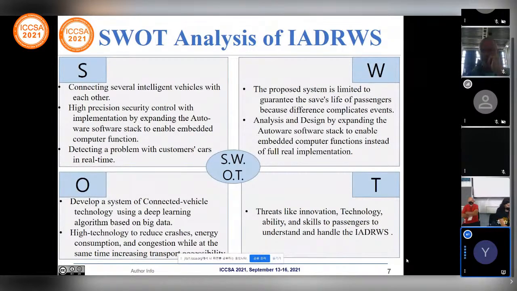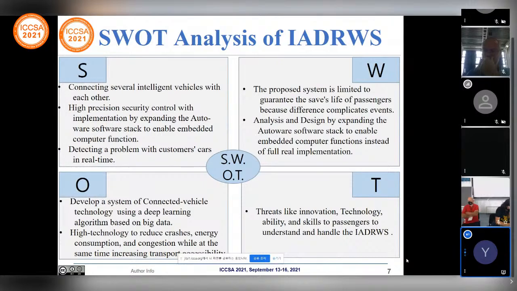So the strength part of this study is the high precision security control and connecting several intelligent vehicles with each other, and also detecting problems with the customer's car in real time. The opportunity part is the development of a connected vehicle technology system using deep learning algorithms based on big data and high technology to reduce crashes. The weakness part is the limitation that there is no guarantee for the passenger during different complicated events.